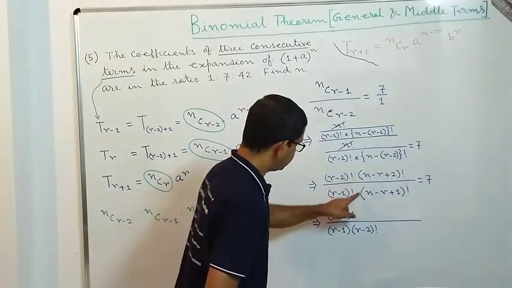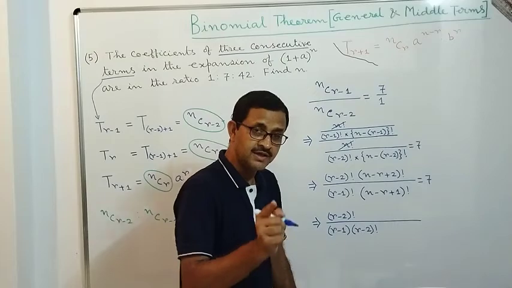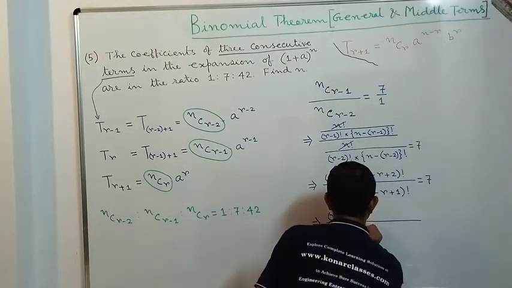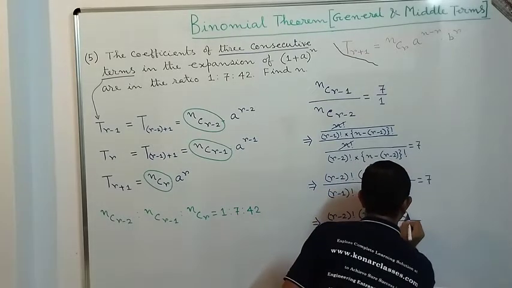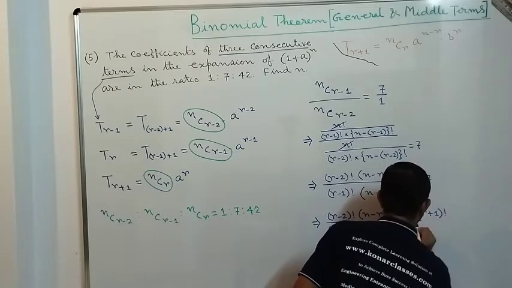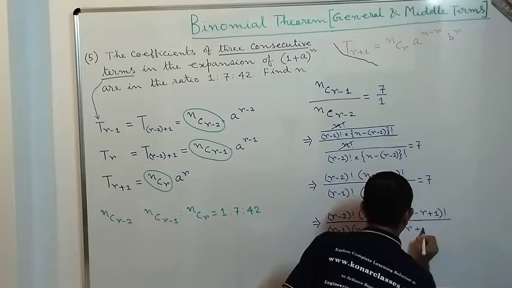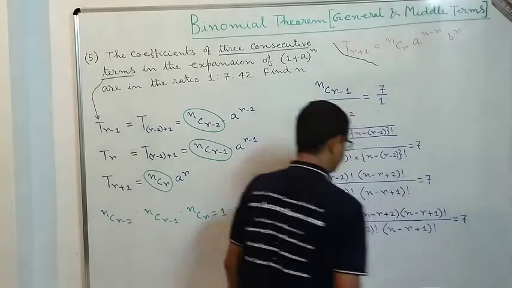Now let's look at this part. Between n minus r plus 2 and n minus r plus 1, n minus r plus 2 is larger. So we should write n minus r plus 2 into n minus r plus 1 factorial divided by n minus r plus 1 factorial, that is equal to 7.